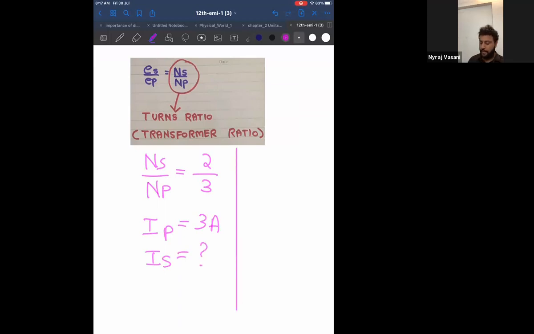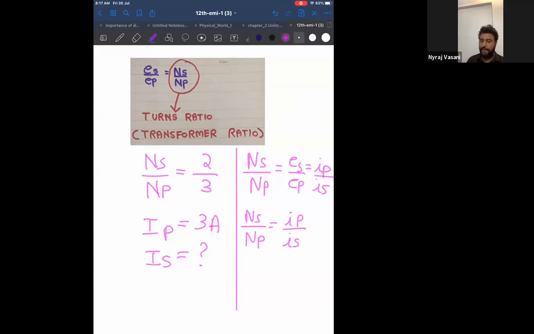Now, I know that NS by NP is equal to ES by EP is equal to IP by IS. Correct? This is my transformer equation. Therefore, in this case, I will only need NS by NP is equal to IP upon IS. I will only need that relation.